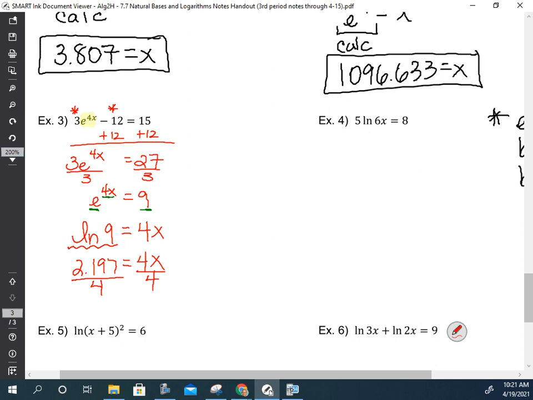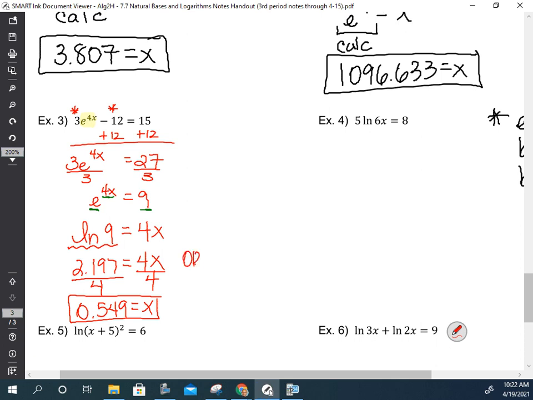So natural log of 9, 2.197, divide by 4, you get 0.549. So do it part by part to solve it out.